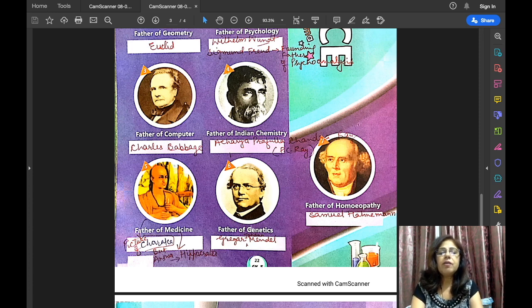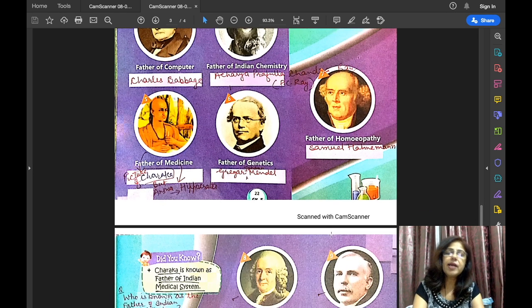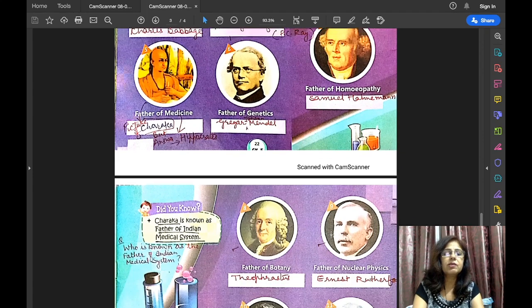Now, father of genetics. The father of genetics was Gregor John Mendel. Number 7, father of homeopathy. Father of homeopathy was Samuel Hahnemann. So, you can write the correct spellings from the clue box.